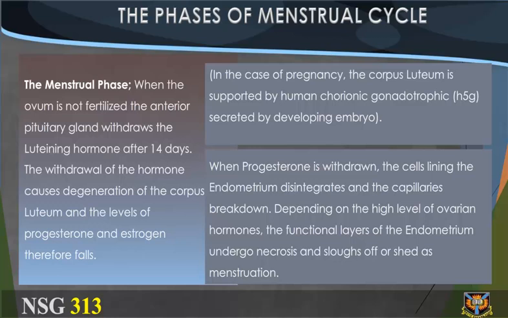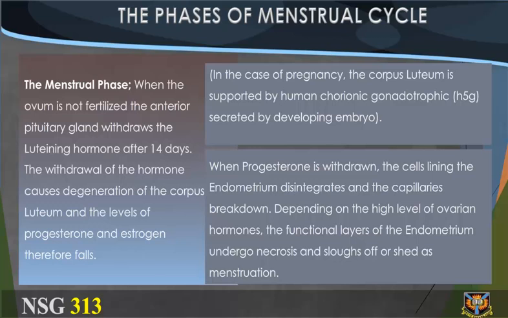The menstrual phase. When the ovum is not fertilized, the anterior pituitary gland withdraws the luteinizing hormone after 14 days. The withdrawal of the hormone causes degeneration of the corpus luteum, and the level of progesterone and estrogen therefore falls.